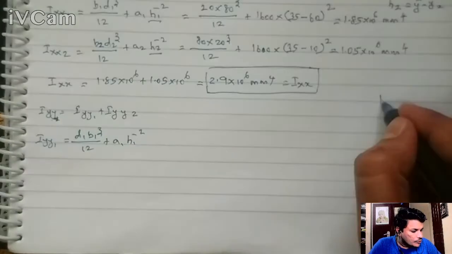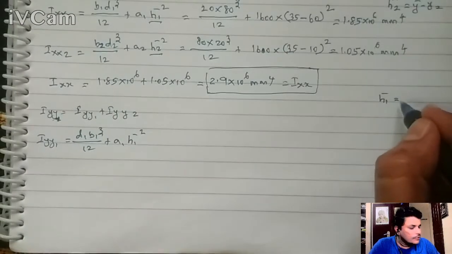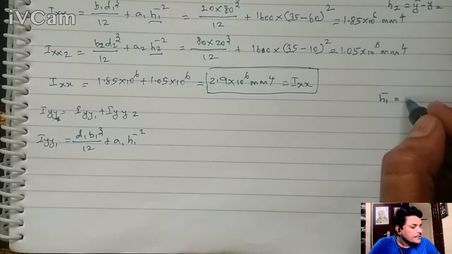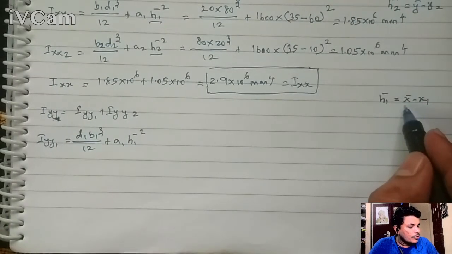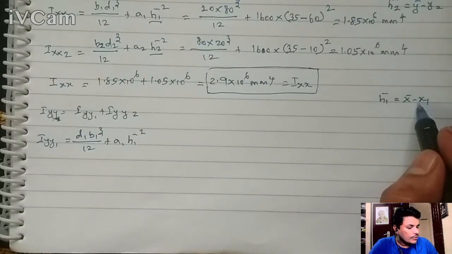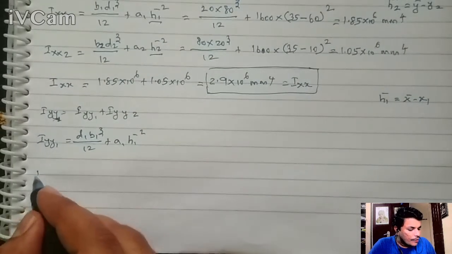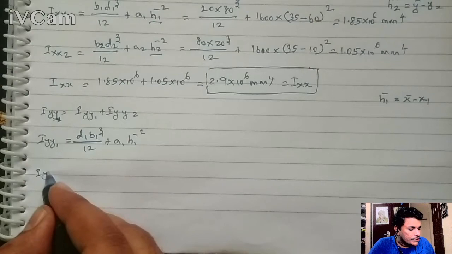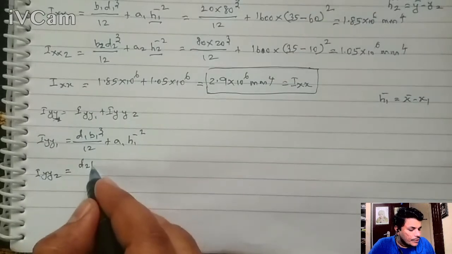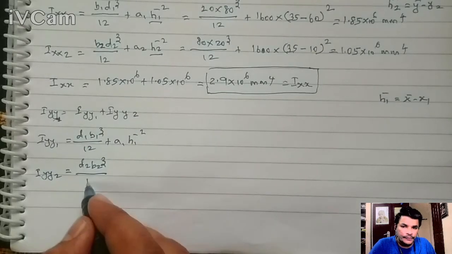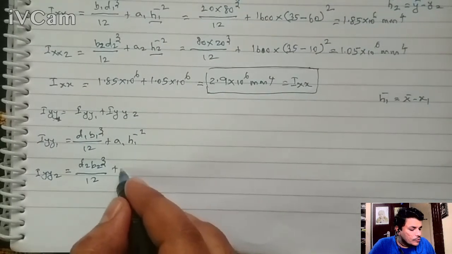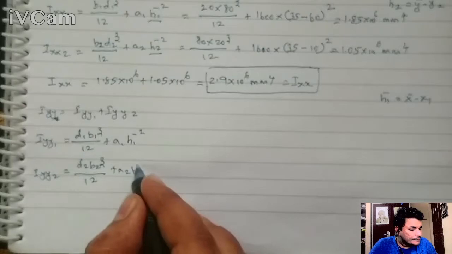Here h1 bar is equal to x bar minus x1, because I am calculating Iyy. So you need to provide the centroid, x bar minus x1, h1 bar. Similarly, Iyy2 is equal to d2 b2 cube divided by 12 plus a2 h2 bar square.